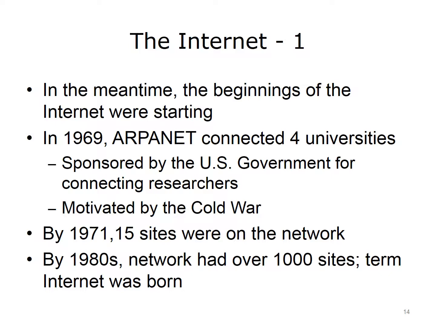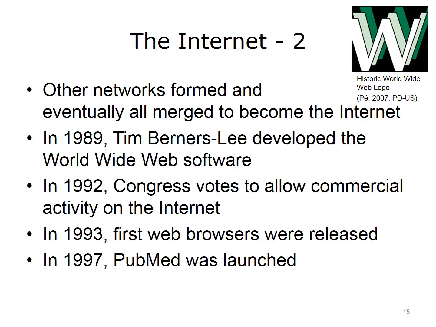That's when the term Internet actually started being used instead of ARPANET to refer to the network. Other networks were formed at the same time and eventually all merged together to become what we know today as the Internet. In 1989, Tim Berners-Lee developed the World Wide Web software that is an interface to the Internet.